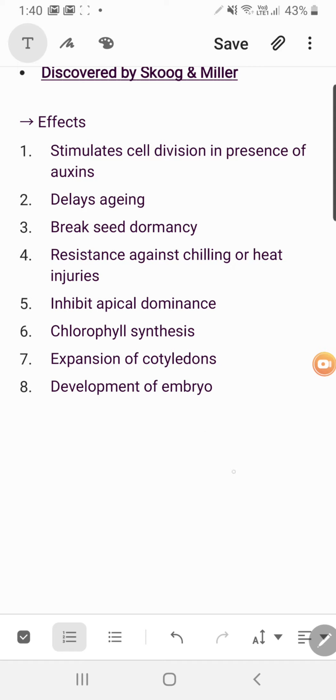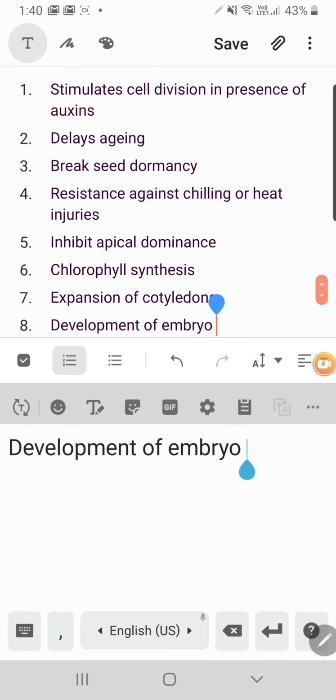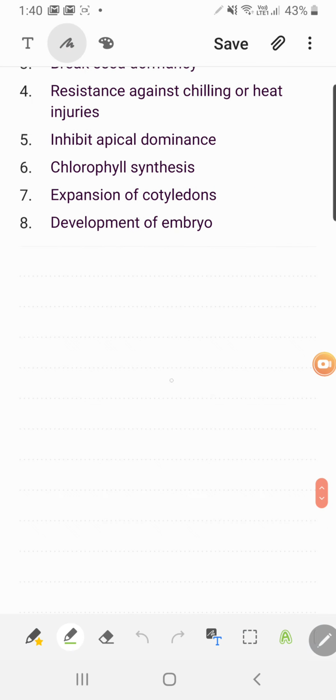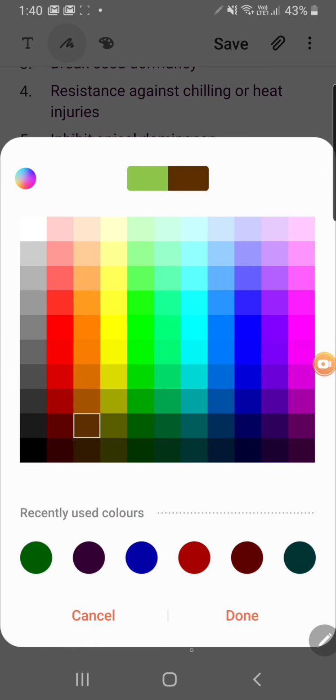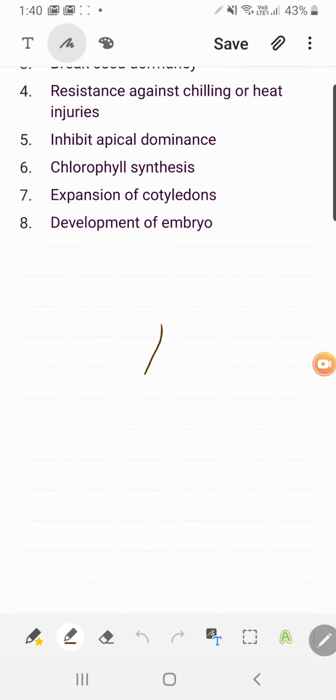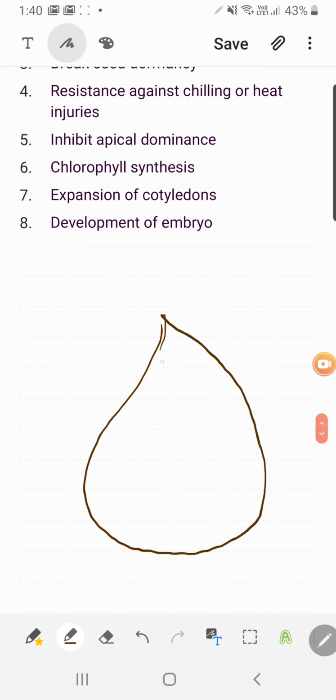You will be studying in higher classes that every seed has a living point where the germination occurs. You can understand it this way. Suppose this is the black gram seed, right, and you always have a line in between, and here there's a point, you call this point a hilum, right?